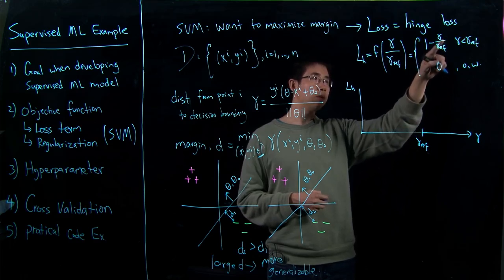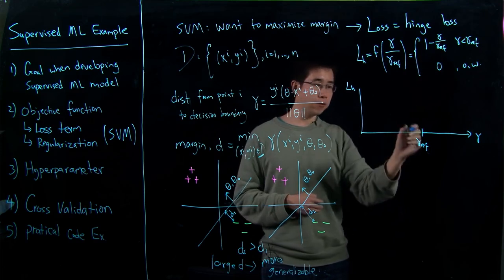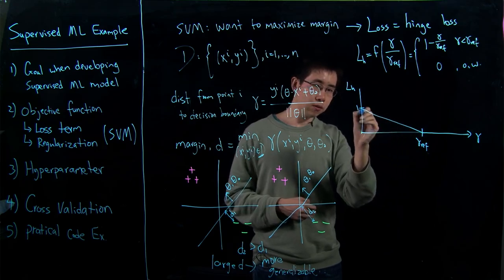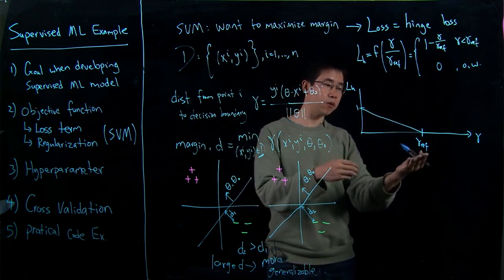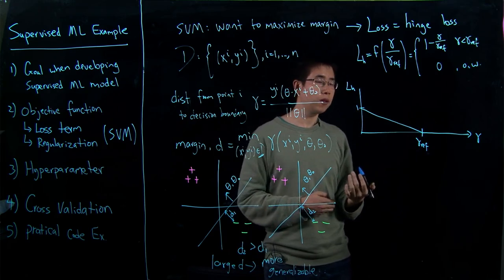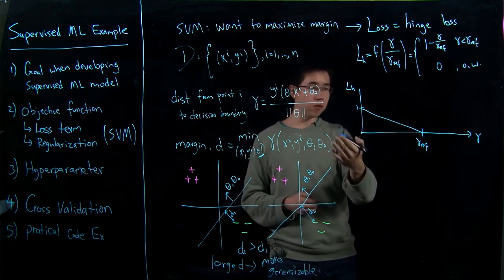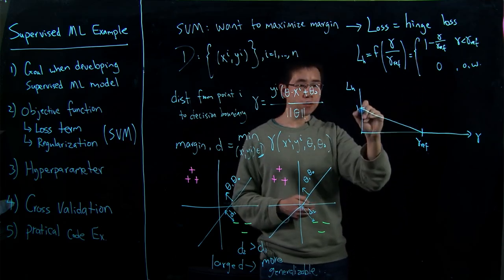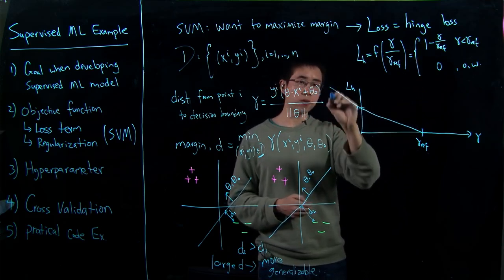When gamma is 0, this is 1. So the hinge loss grows like this between gamma equal to gamma ref to gamma equals 0. And for even smaller values of gamma, this loss will just continue to grow linearly. So it will just grow like this.